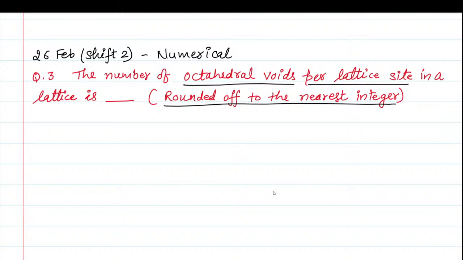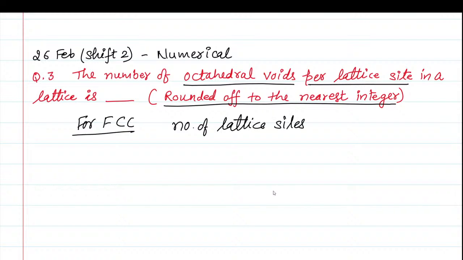So let us consider the case of FCC. For FCC, how many lattice sites are there? Lattice sites: 8 corners and 6 faces.